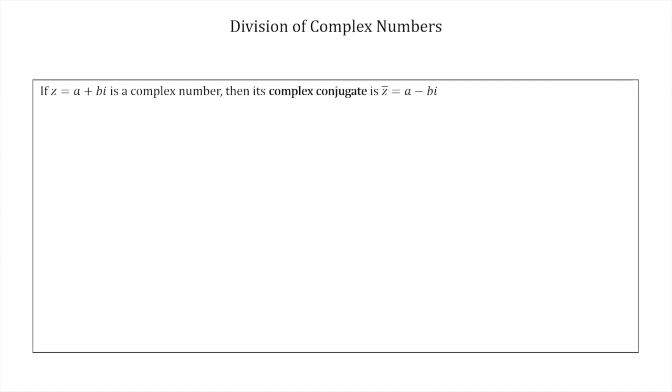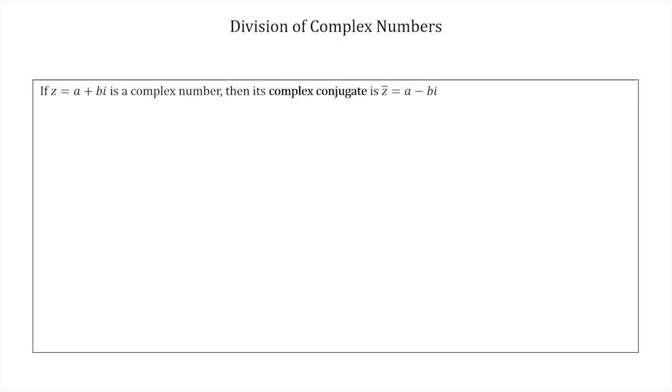For any complex number z, we can take its complex conjugate, and that is simply the number where we change the sign of the imaginary part. Every complex number can be written in the form a plus bi, and if we change b to minus b and take a minus bi, this is called the complex conjugate of z, and we denote it z bar.